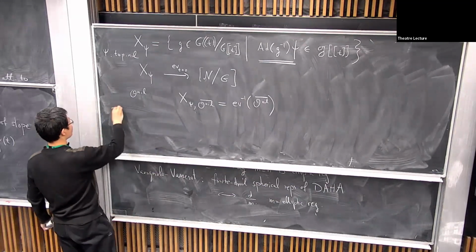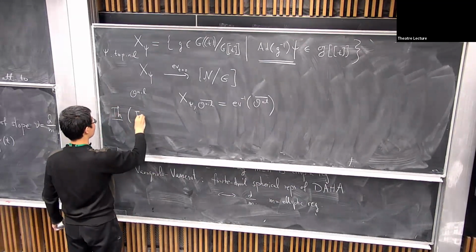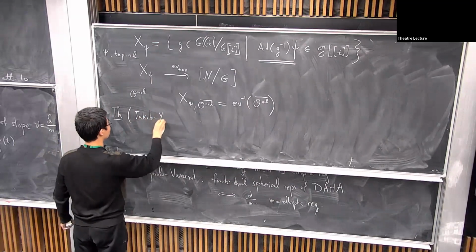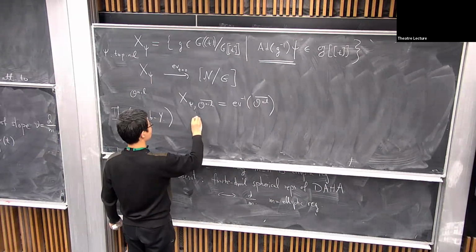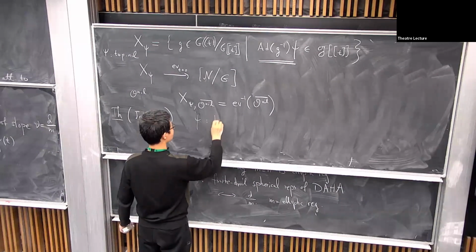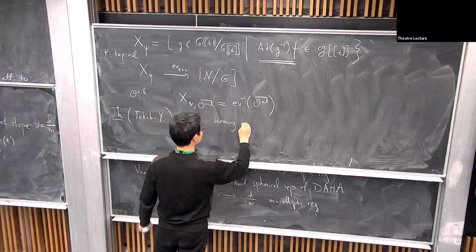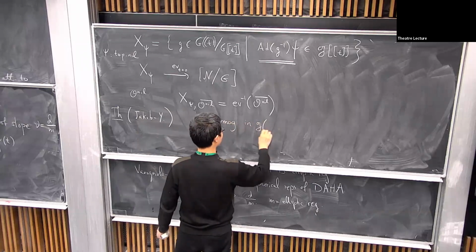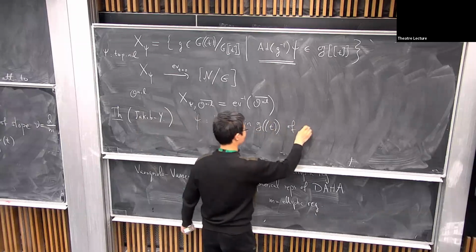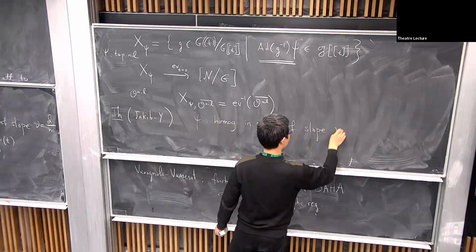So, theorem. Let psi be any homogeneous element in the loop Lie algebra of slope mu.